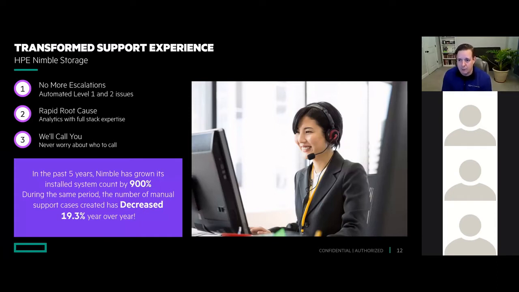But not having any more escalations, not having to prove to somebody on the phone that you have a problem, being able to call in and the person that answers the phone is the person that fixes your problem. And as we continue to increase our install base, and the number here is 900% over the last 5 years, we're still reducing the number of manual cases created just through intelligent operations on the support side.